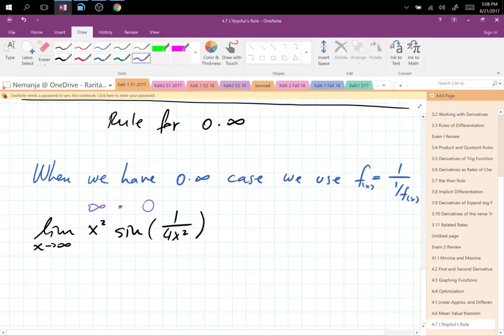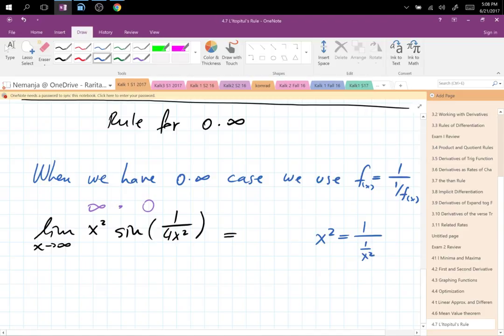So we have infinity times 0. This is where I am going to use the trick, and I am going to say here on the side that x squared is equal to 1 over 1 over x squared. So that's how you use the trick.